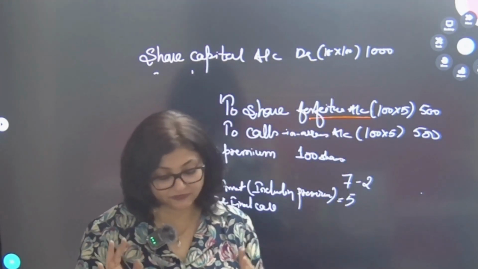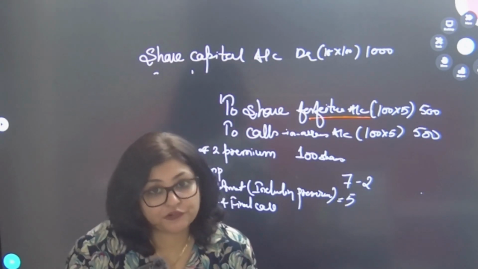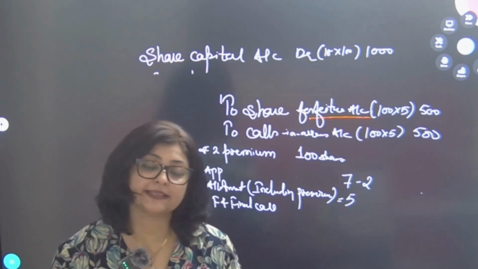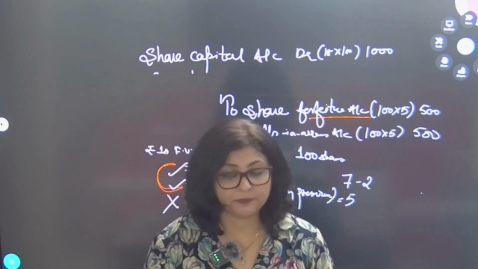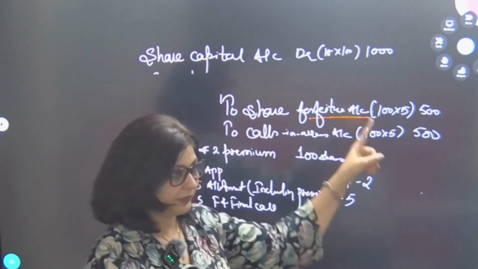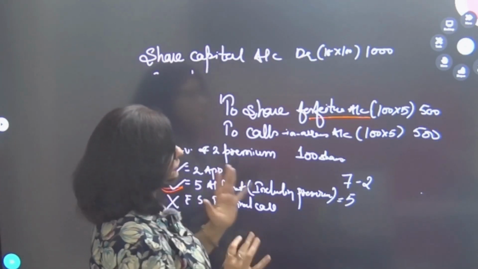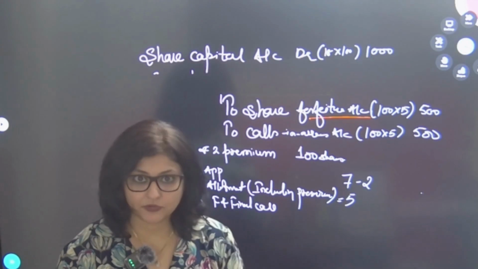So understand, whenever the shares are being issued at premium and then forfeited, you have to look into this, whether the securities premium is being paid or not. If the securities premium is not paid, then only it is going to be debited. If paid, not debited. If share forfeiture account you are writing, you have to look carefully.